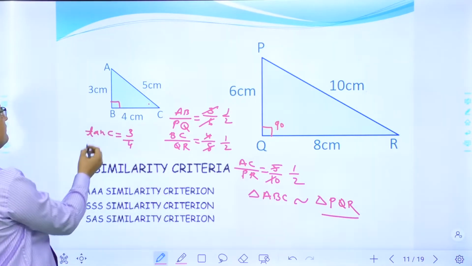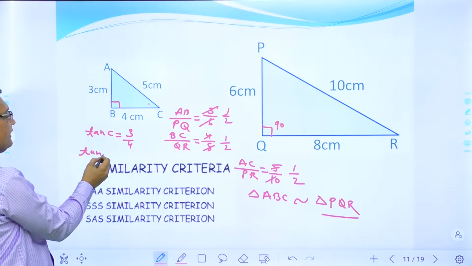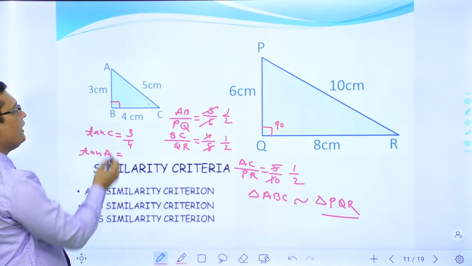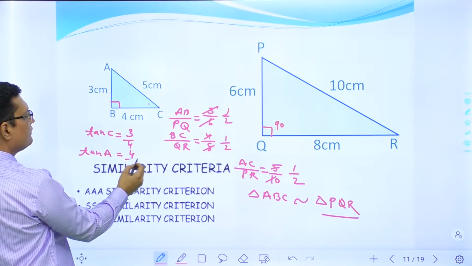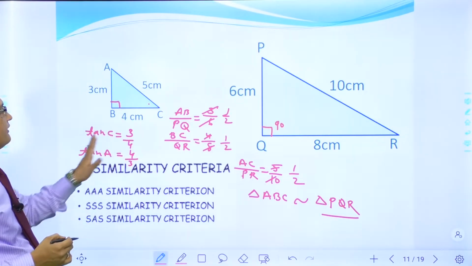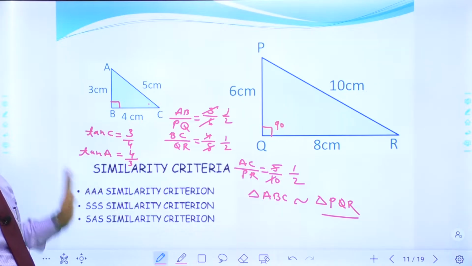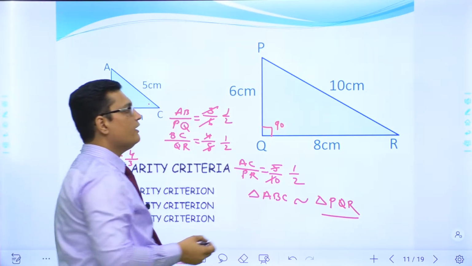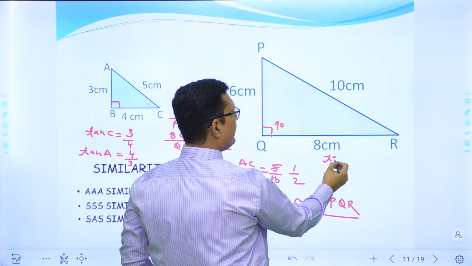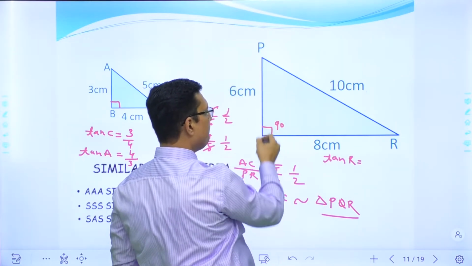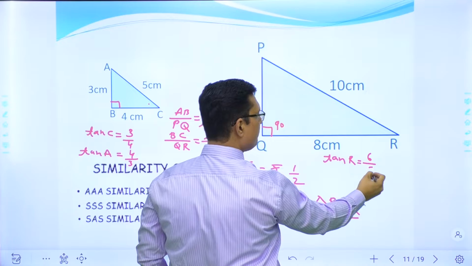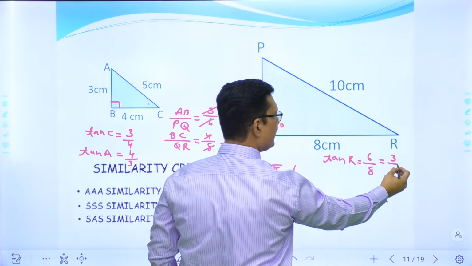If I find tan A, then it will be equal to 4 upon 3. So these are angle C and angle A. Now in the other figure, you find tan R here, that will be equal to perpendicular upon base, that is 6 upon 8, and after cancellation what can I say?